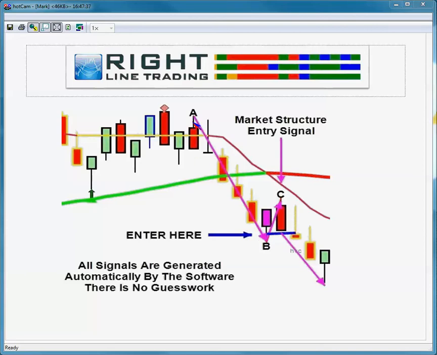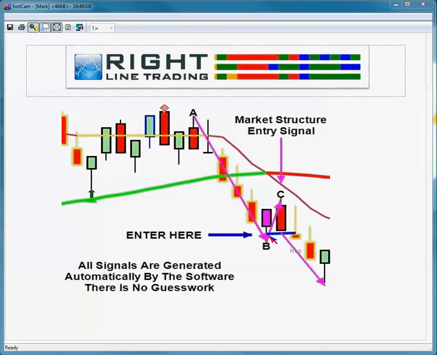Now all of these, the A, B, and C configuration, are generated by the software. As soon as 2 candles of the same color in a row are generated, the software will print an A. And it will continue to print the A, and you're going to get this line that defines the downtrend until you get a B. And a B is a pull-up in a downtrend or a pullback in an uptrend.